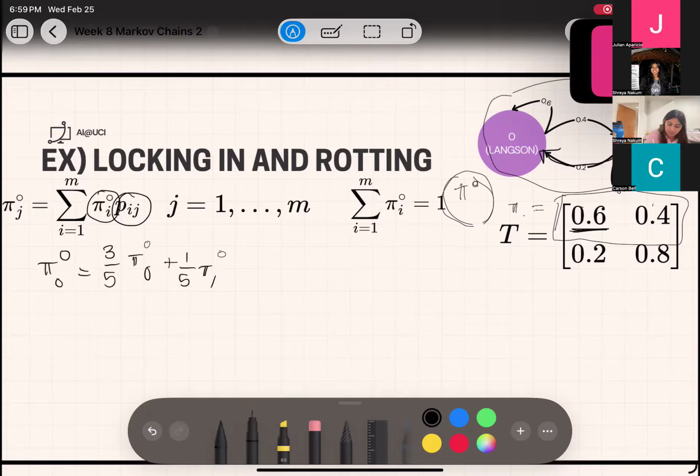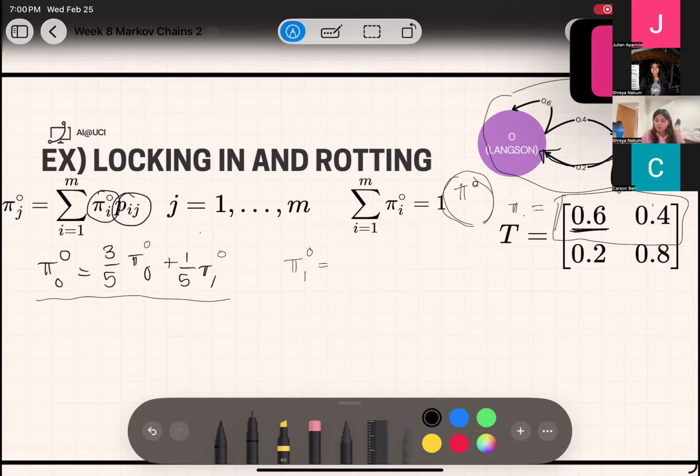If you want to solve for the steady state probability, it's the probability that we're at this place no matter where we came from. So we have to account for all the places we can come from, which is Langston or Science. The same thing we have to do for Science Library. How can we get to the Science Library? You can get to it either from itself or from Langston.